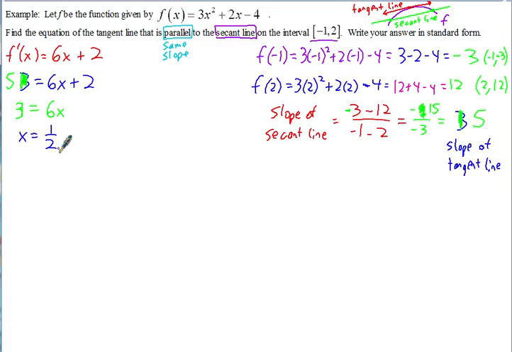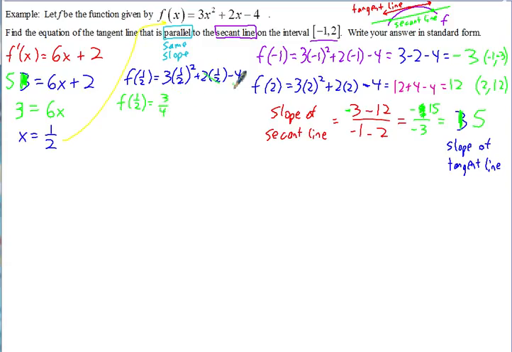So now to find the y-coordinate, we just plug it back into the original equation. So f of 1/2 is 3 times 1/2 squared plus 2 times 1/2 minus 4. 1/2 squared is 1/4, so times 3 would be 3/4.